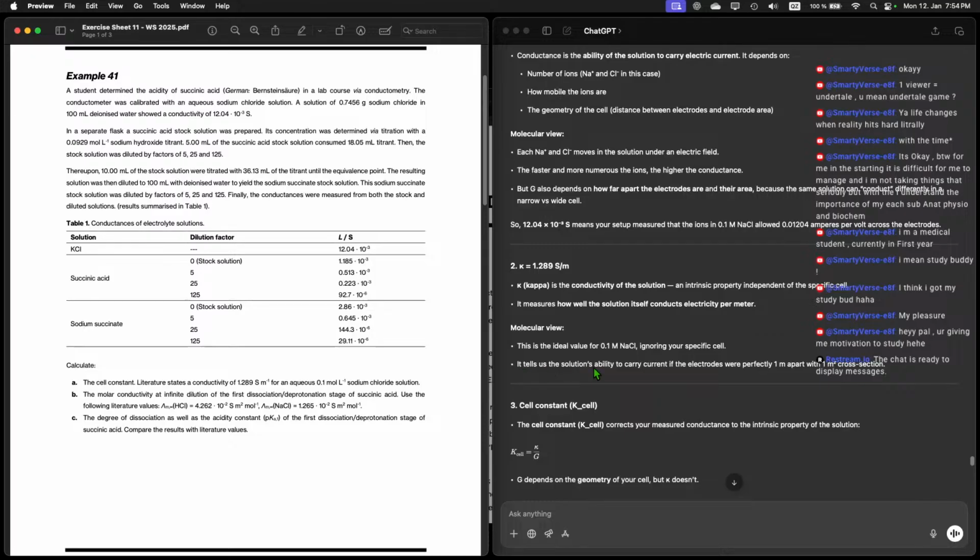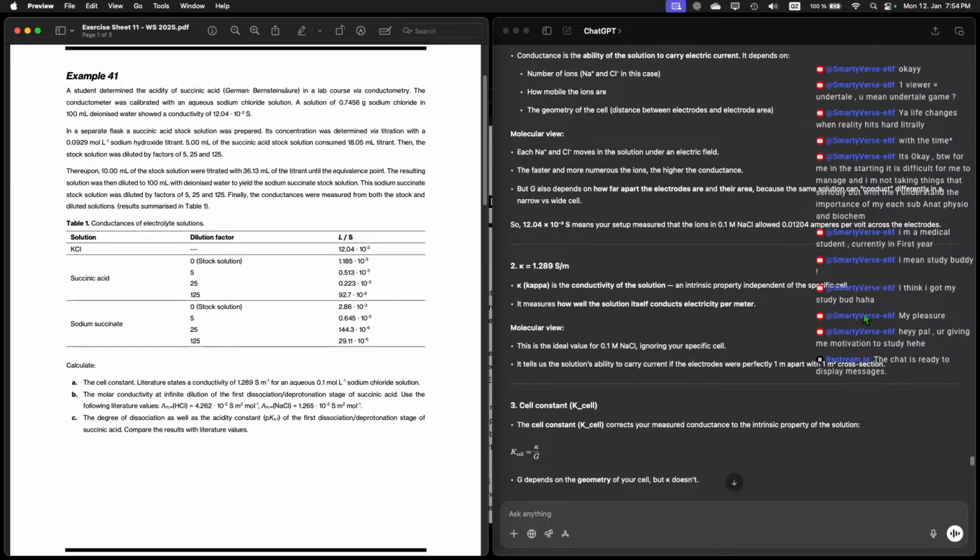Intrinsic property. Tells us the solution's ability to move current. Okay. Kappa equals 1.289 Siemens per meter. This is the ideal value for, okay.